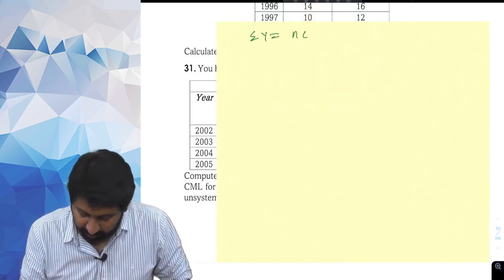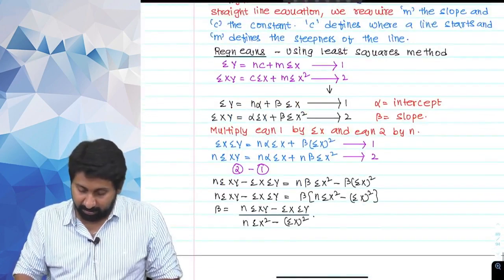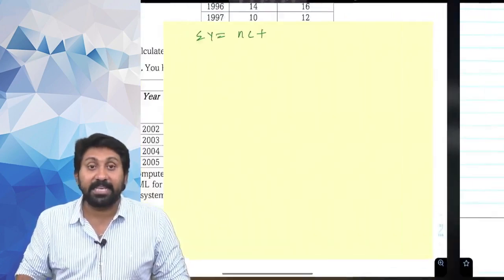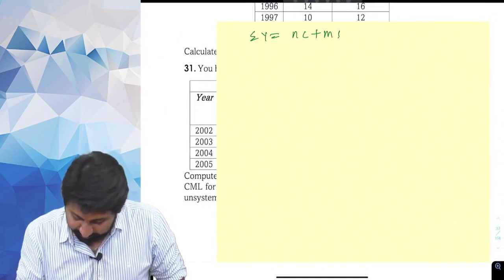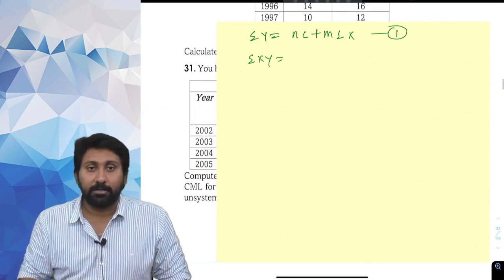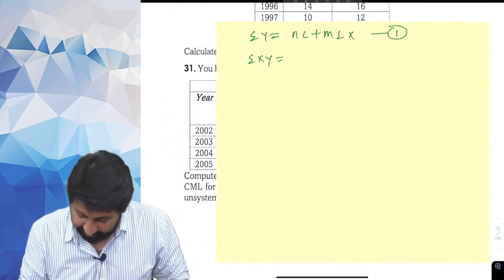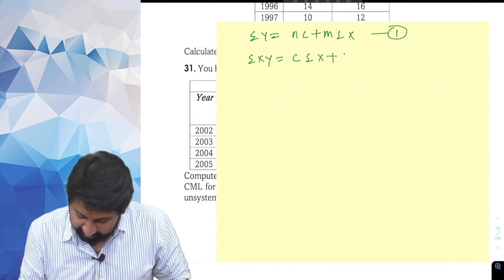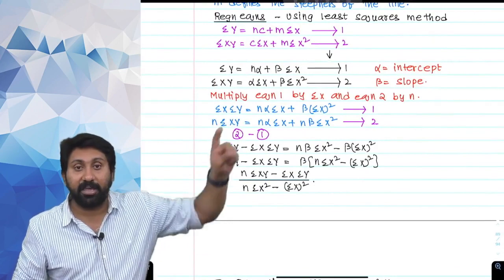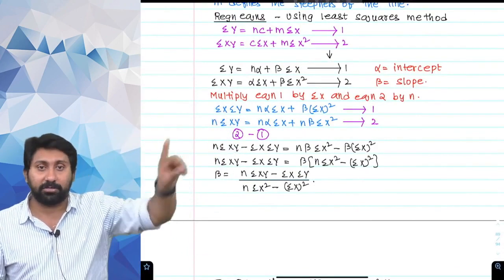Sigma y equal to NC plus M sigma x, equation 1. Sigma xy equal to C sigma x plus M sigma x square. Listen carefully, M sigma x square is sigma of x square, not sigma x the whole square.